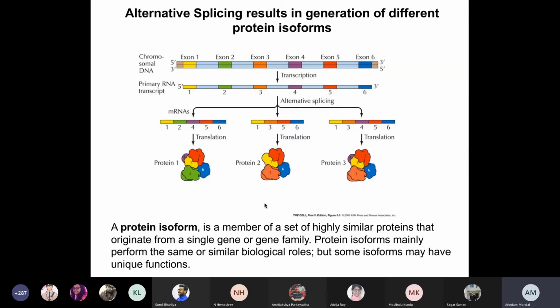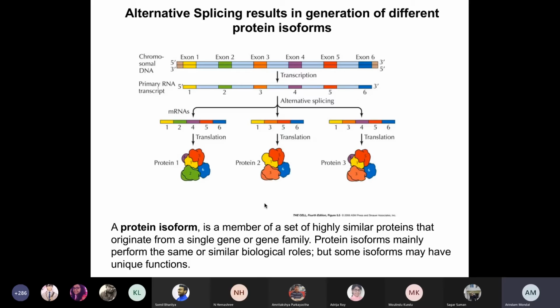Okay, so say for example, there is a particular class of kinases called protein kinase C, and there are 11 different isoforms of protein kinase C, and their role is almost the same, that is phosphorylating different proteins. But then these different isoforms could be expressed in different tissues in a tissue specific manner.